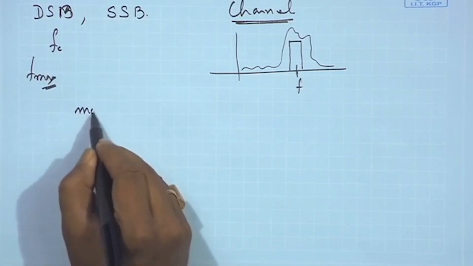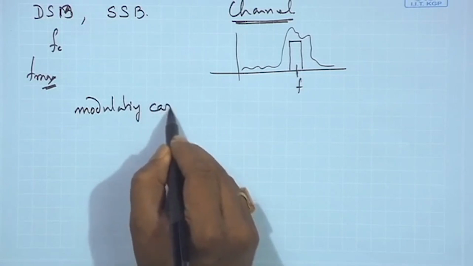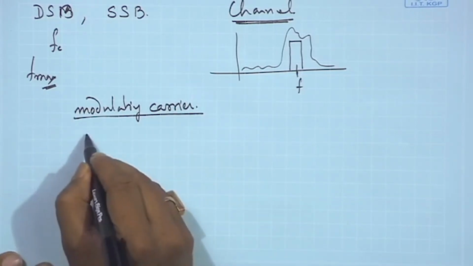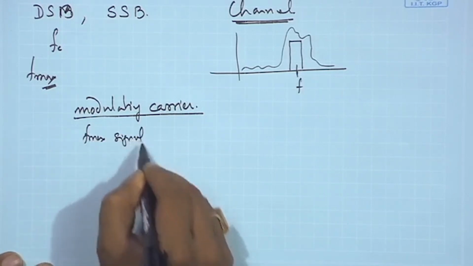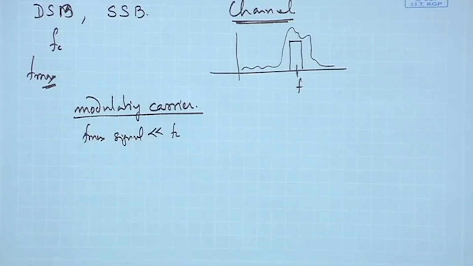So, basically you are modulating a carrier, and you generally have the assumption that the f max of this signal is much less than the carrier frequency, or in other words the modulated signal is within a certain range of the carrier frequency.